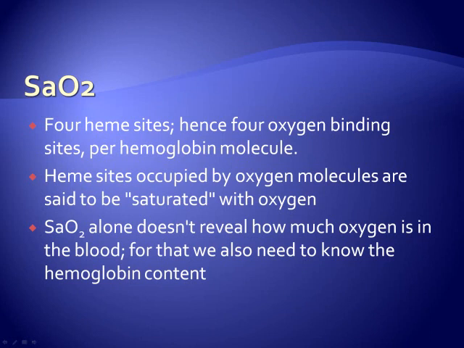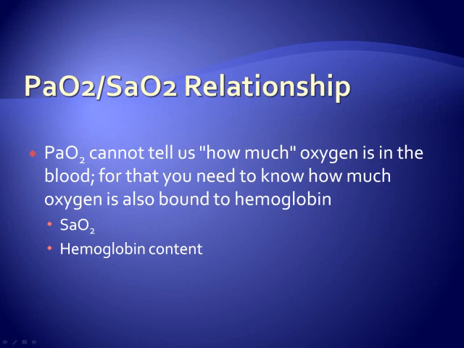So even though the hemoglobin of 5 has 100% of those sites bound, that's not going to be as good a gas exchange as if we had 100% oxygen saturation with a hemoglobin level of 12. Okay, so anemia could affect how well the patient's oxygenating beyond what we see in our SaO2.